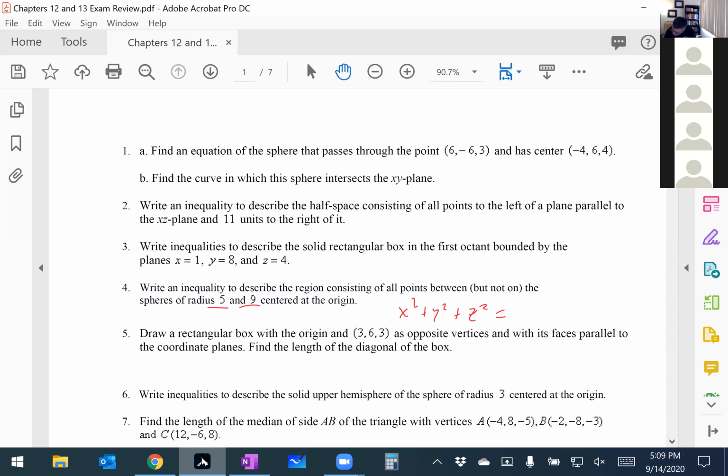So we have a sphere of radius 5 and a sphere of radius 9, and we want all the stuff between these spheres. So using inequality, this is going to be big R squared and little r squared. So this is going to be 25 is in between, is in between 81, right? That's it. Done.